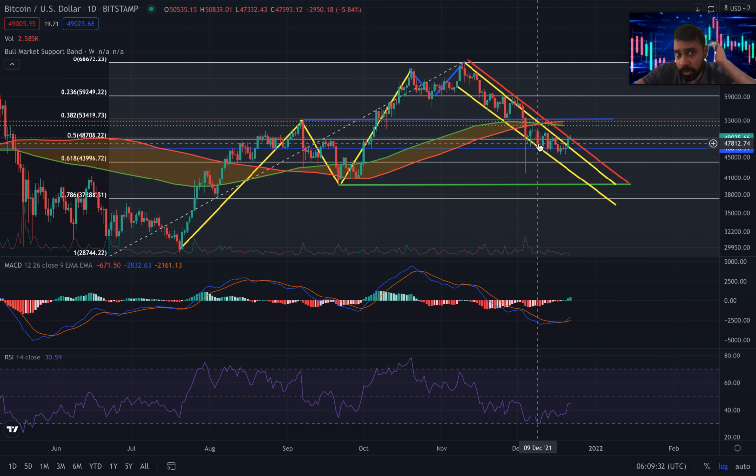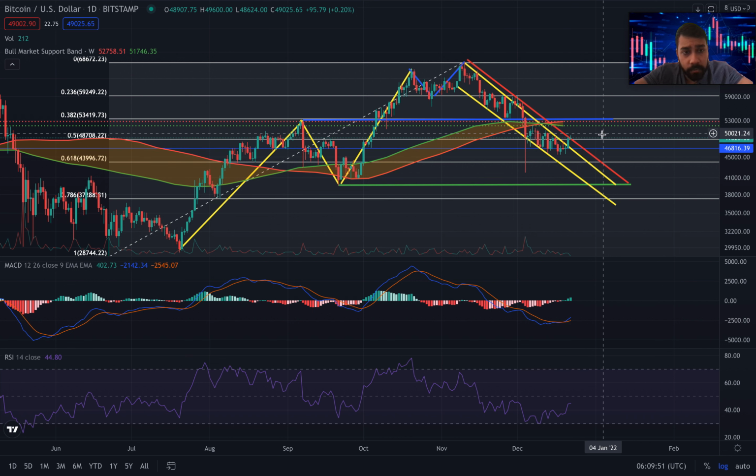We want to close above 48,800. Actually, if you really look at it, what we want is 49,500. If we can close above 49,500, or at least above the red line, then we have broken out of the downtrend.